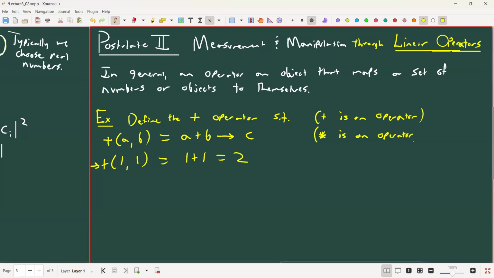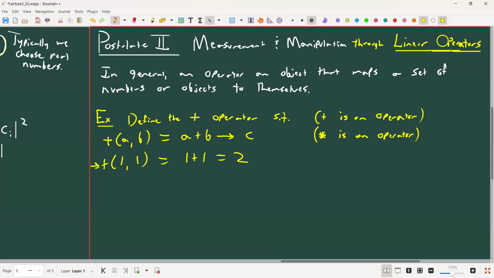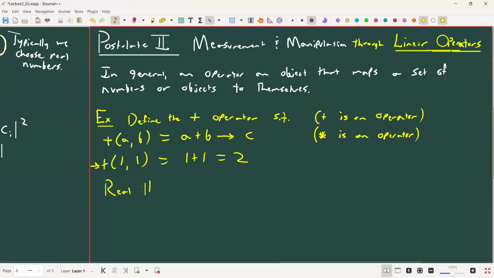Okay. And it's not hard to show, but there's two other operations in the real numbers, right? There's division and subtraction. And those are actually just inverses of plus and star. So they're effectively the same thing. So the real numbers are constructed with two operators, plus and star, right?